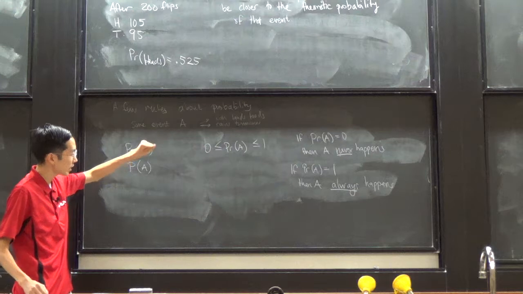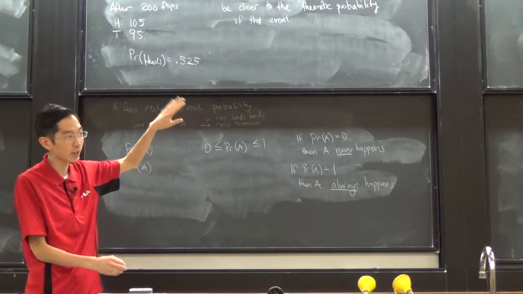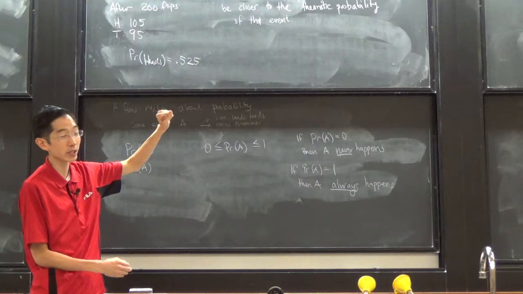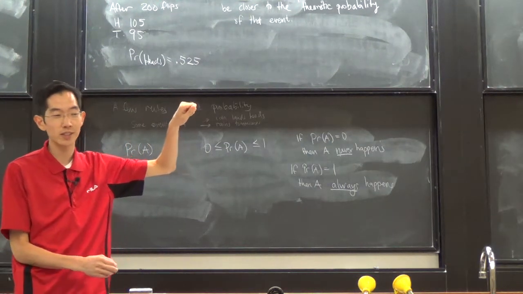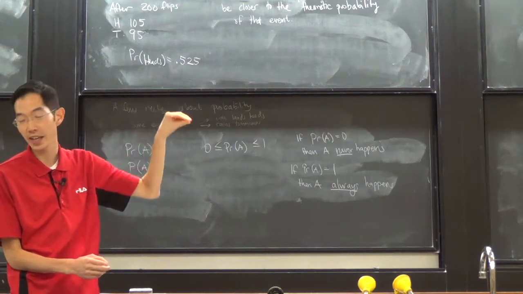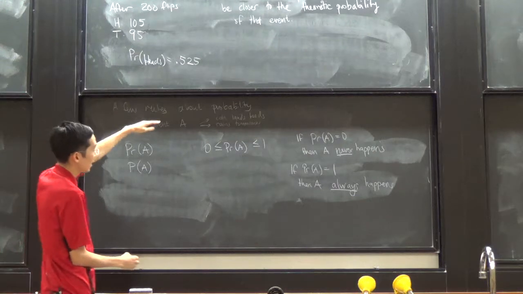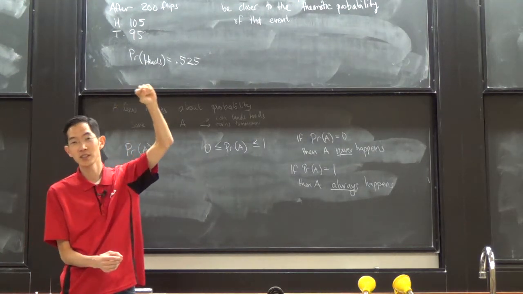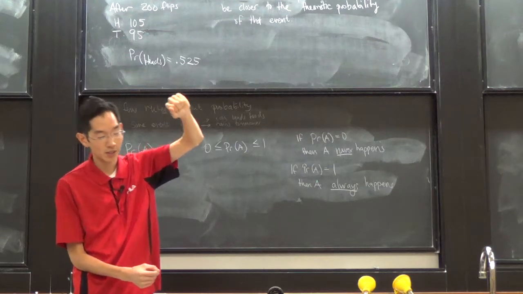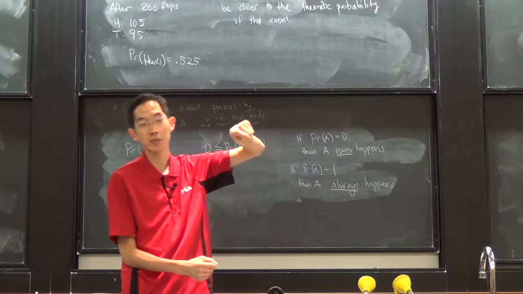If there is A, if A is the event, then we also have what we call the complement of that event, meaning the instance when A does not happen. Okay? So if A is the coin lands heads, what would be the complement of A? It is the coin does not land heads. Okay?